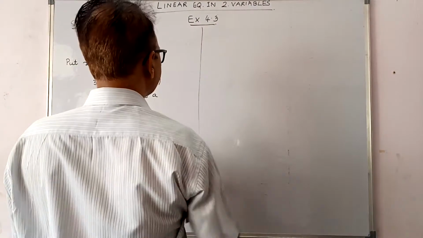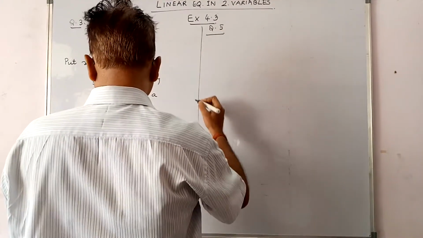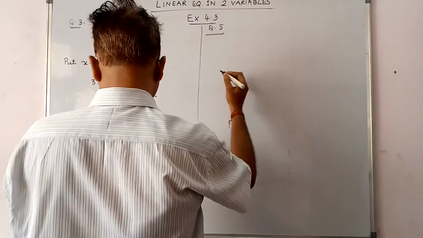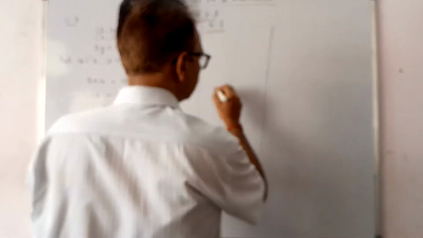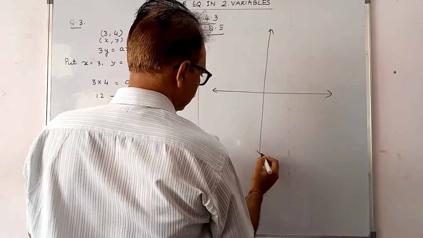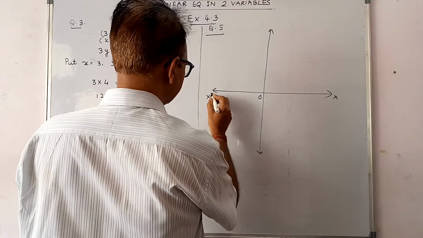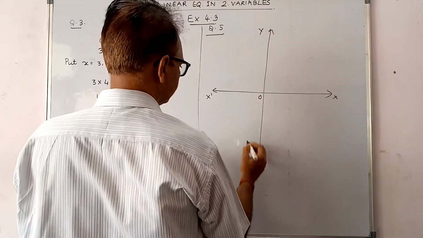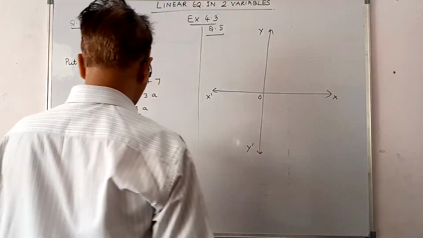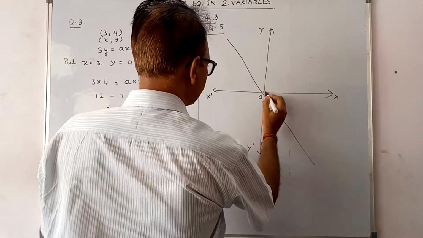Question number 5, first part. The graph is given here. Origin, x-axis, y-axis, and this is the graph passing through the origin.